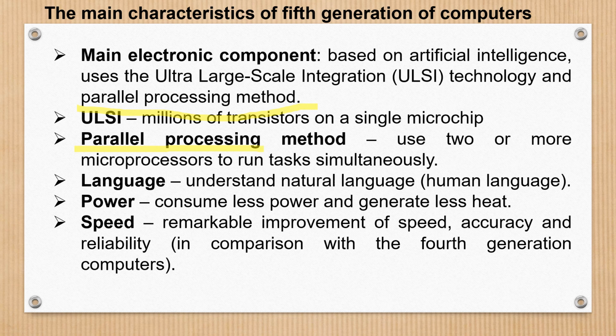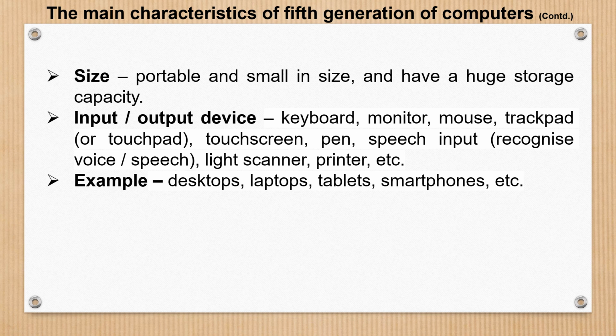We can divide and distribute the applications to a number of systems for their parallel execution, and the language that is understood is natural languages, or human languages are easily understood by the fifth generation computer, and the power consumption is lesser than the previous generation systems. Speed, because it is working on parallel processing and on ultra large scale integrated technology, is obviously improved in the fifth generation computers.